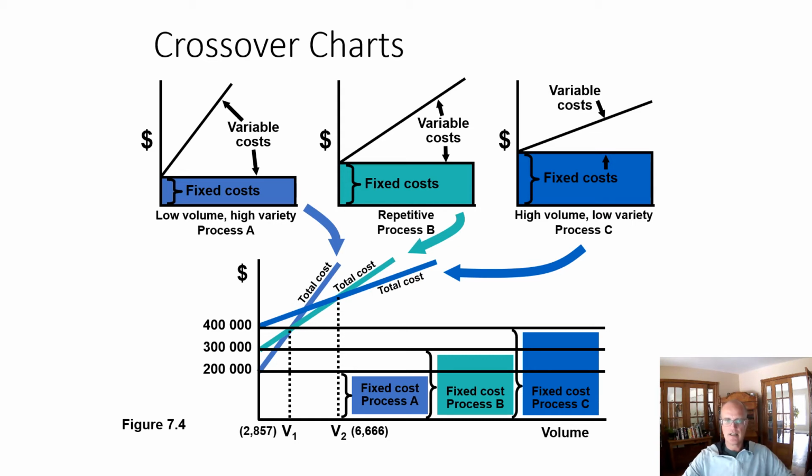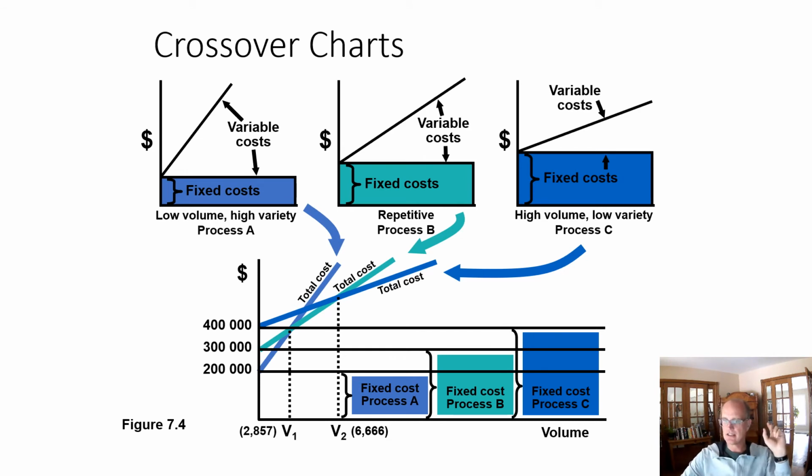So if process E fixed costs are lower than process B fixed costs, but because the variable costs, or the slope of that line, are lower for B, there's a point at which B becomes cheaper. If fixed costs and variable costs are both lower, there is never a point that one technology dominates the other.